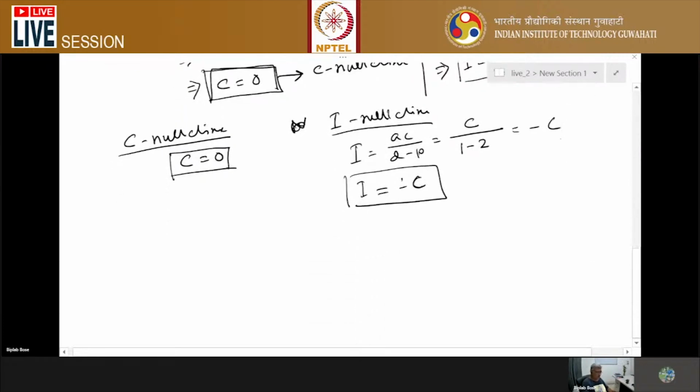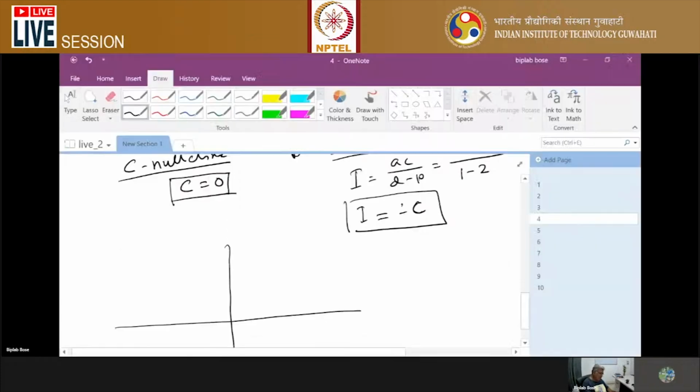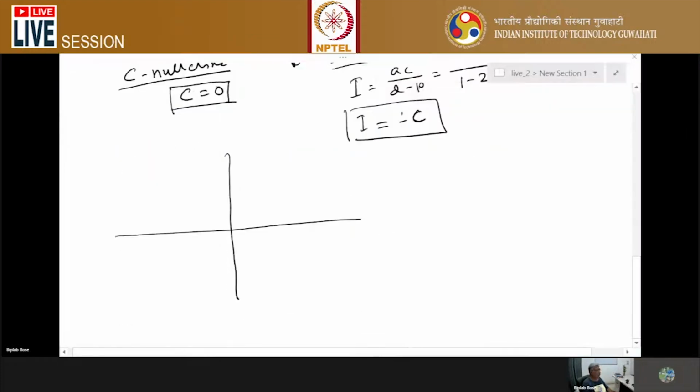So how will it look on a diagram? Let me draw the diagram. And if you are doing paper and pen to draw null-lines, always use different colors for different null-lines. So first I will draw the C null-line. Let me take the blue color. I will draw the diagram.